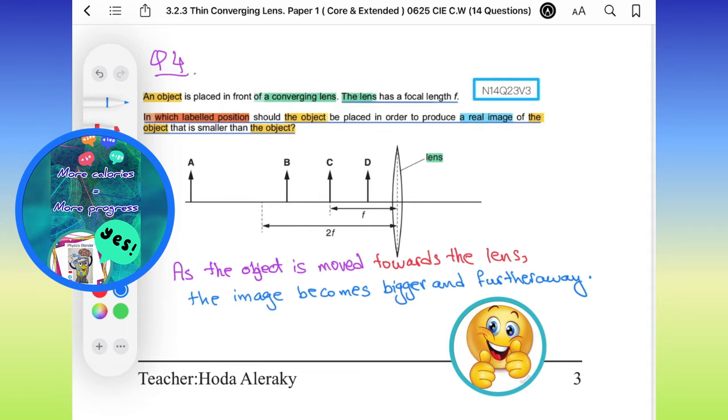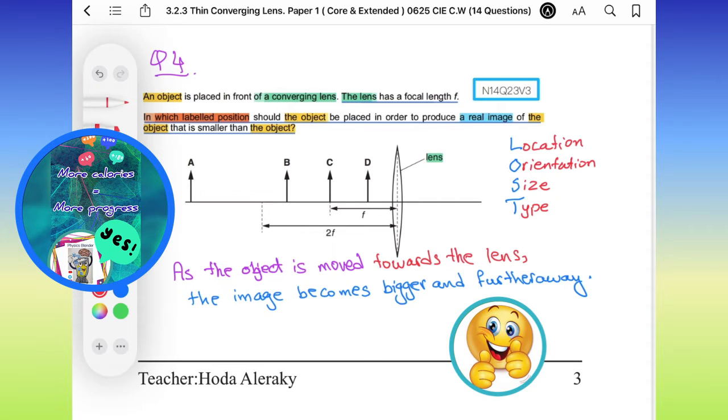And by the way, you have to remember that we have 4 important points to describe the characteristics of any image, which are location, orientation, size, and type. And this will be repeated many times during our classwork, homework, quiz, and assessment.